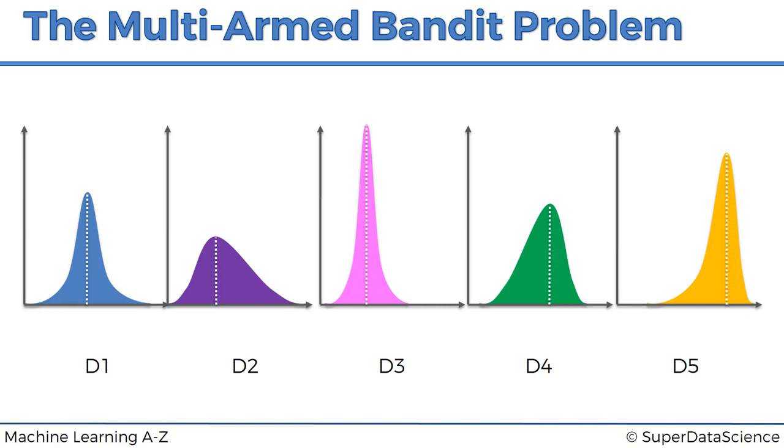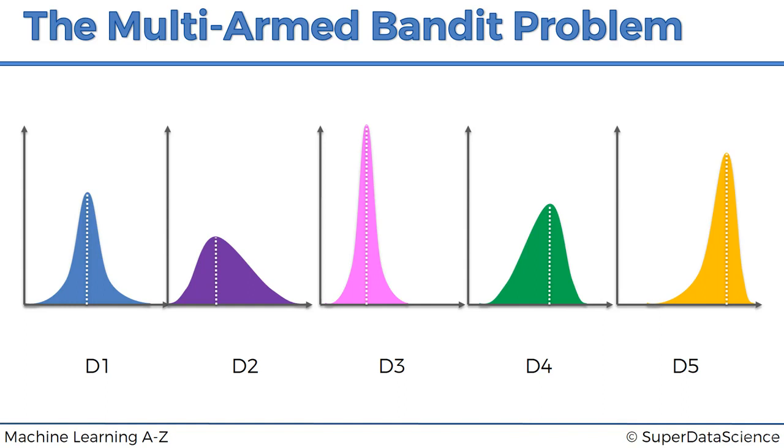So there are these 2 factors that are in play: exploration and exploitation. You need to explore the machines to find out which one of them is the best one. And at the same time, as soon as you can, you need to start exploiting your findings to make the maximum return. There's another mathematical concept behind all of this, which is called regret.